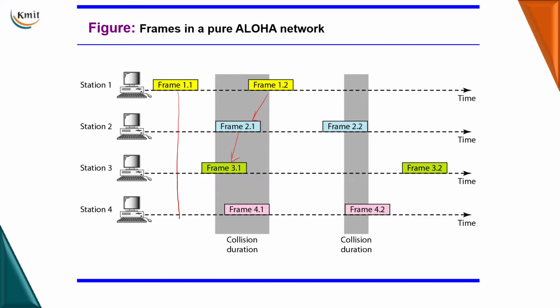Likewise, station 3 sends a frame during the same time, and station 4 also sends a frame during the same time. This leads to collision of frames, and due to collision all these frames have been lost or corrupted. So this is called your collision duration, or it is also called the vulnerable time.